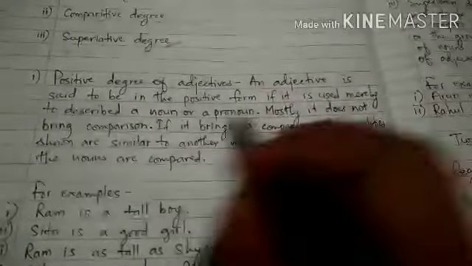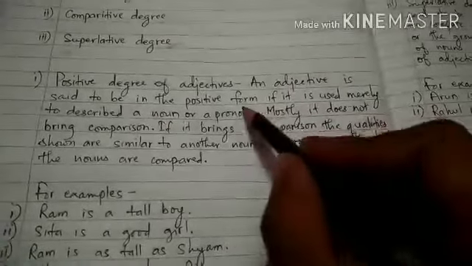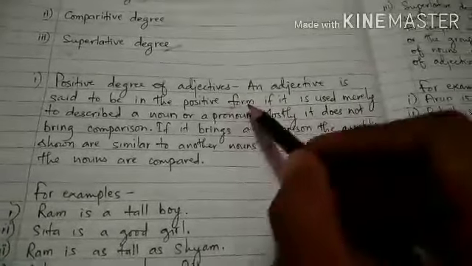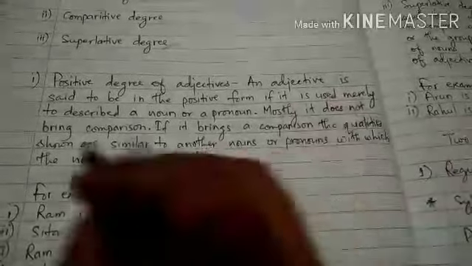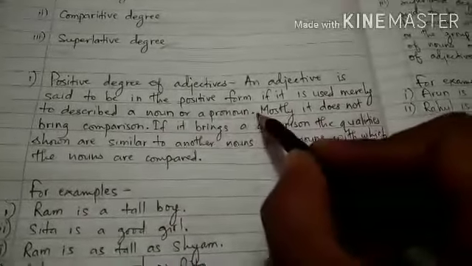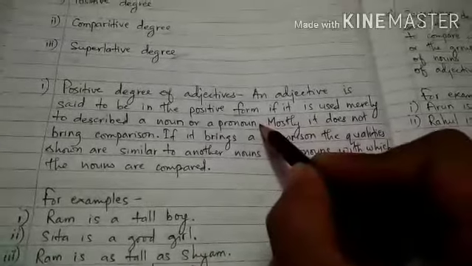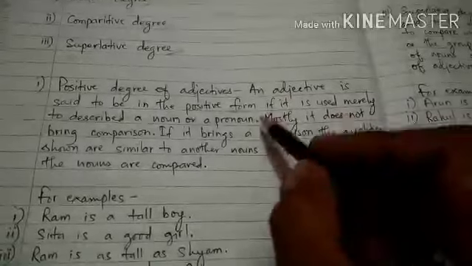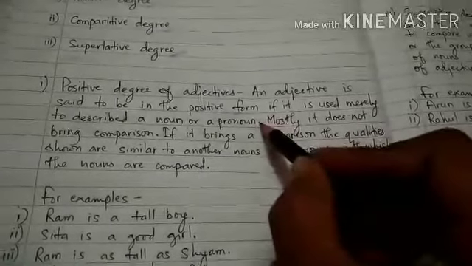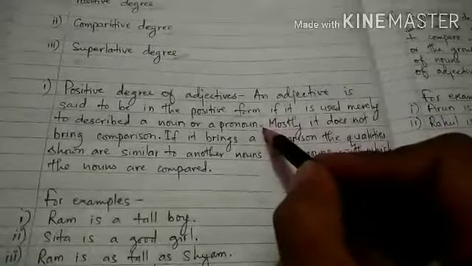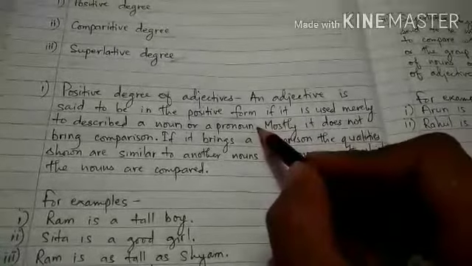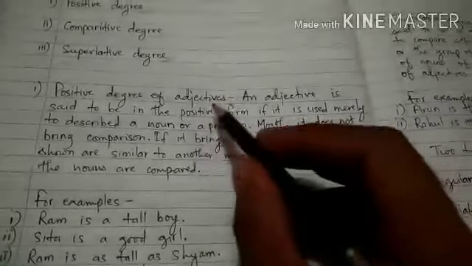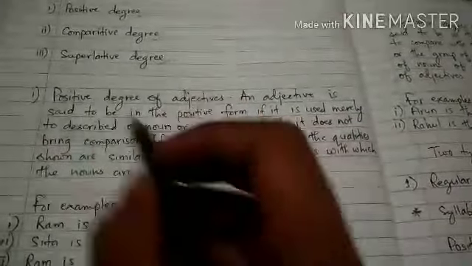An adjective is said to be in the positive form. हम उस समय adjective को positive form मानेंगे जिस समय if it is used merely to describe a noun or a pronoun. If that adjective is used to just describe a noun or pronoun, अगर वो adjective सिर्फ without showing any comparison, if that adjective is used to describe or qualify a noun or a pronoun, then that adjective is positive degree of adjective.